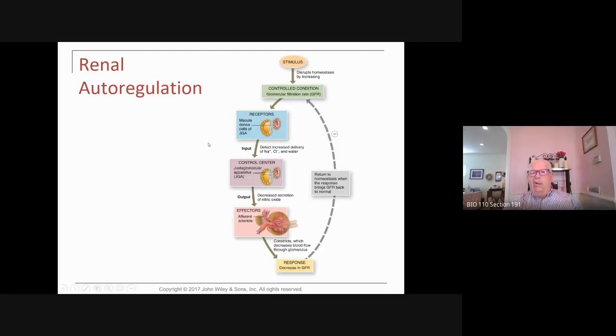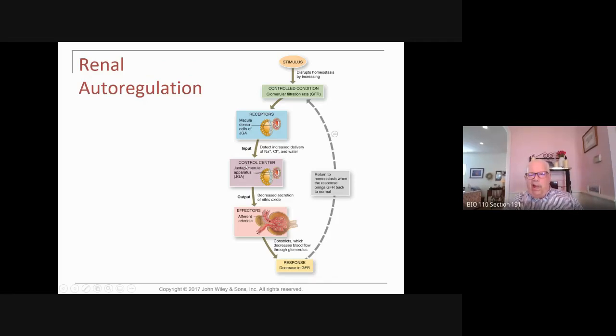So this is autoregulation. The control condition is glomerular filtration. There are receptors in the juxtaglomerular apparatus that detect the delivery of salt and water and other ions.